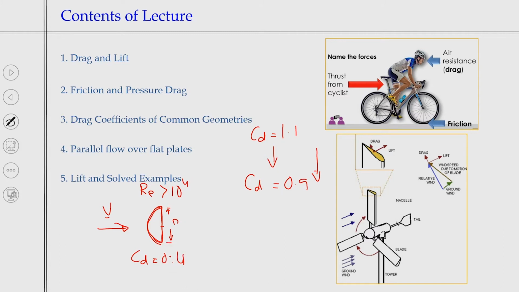But the same thing, if I just reverse it, like you sometimes do with your umbrella, okay, the wind direction and your umbrella direction will be different. In that case, the CD will go to almost 3 times this value, 1.2.